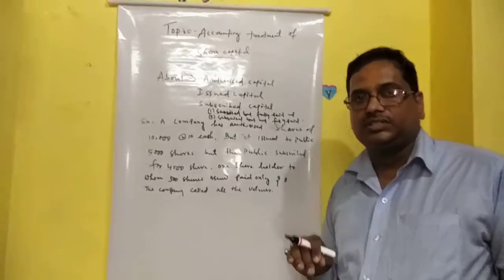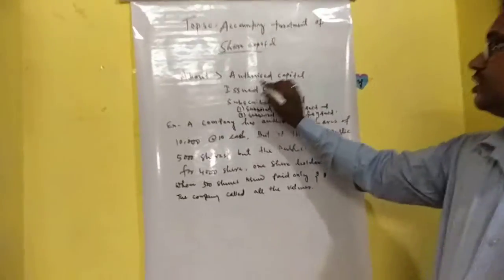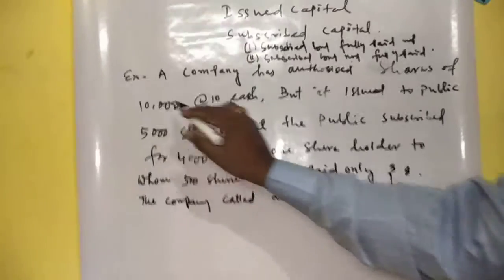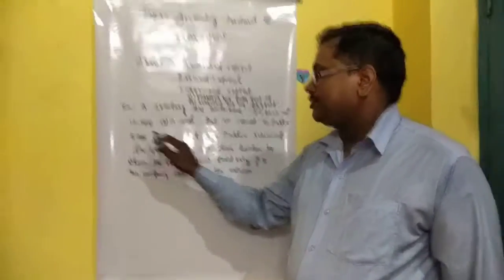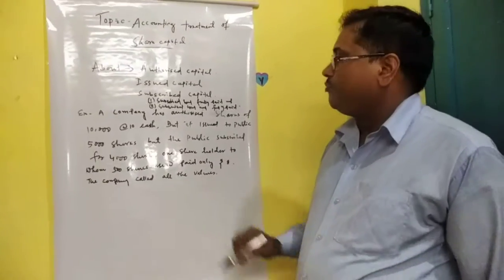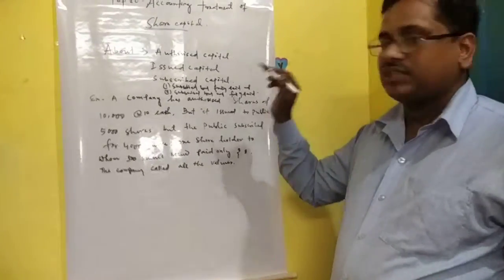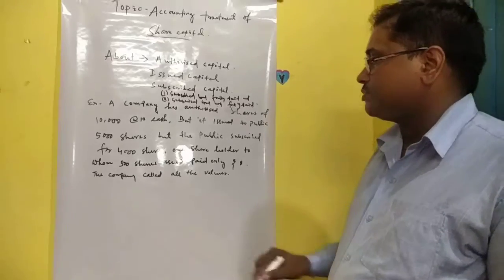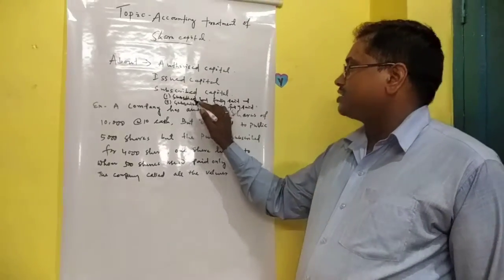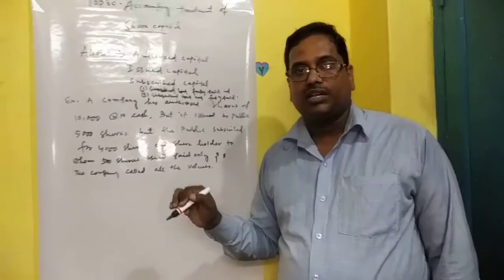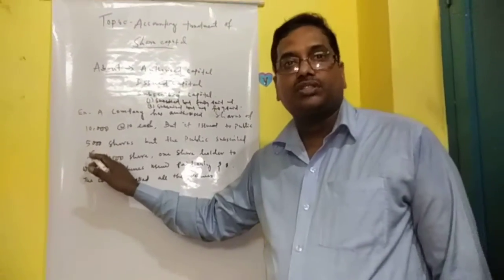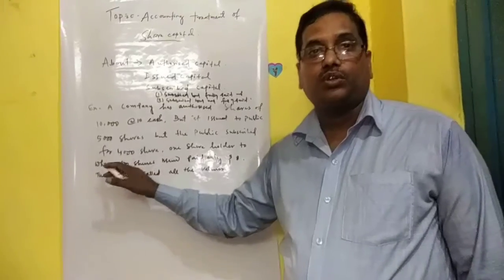Again I am saying, see, what is the authorized capital? Authorized capital is 10,000 into 10, that is 1 lakh. What is the issued capital? 5,000 into 10, that is 50,000. But what is the amount of subscribed capital? Here subscribed capital is in two parts, subscribed and fully paid up, and subscribed but not fully paid up. How will you find out subscribed and fully paid up? How much did the public show interest to subscribe? 4,000.